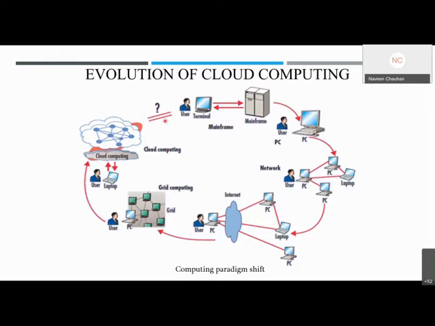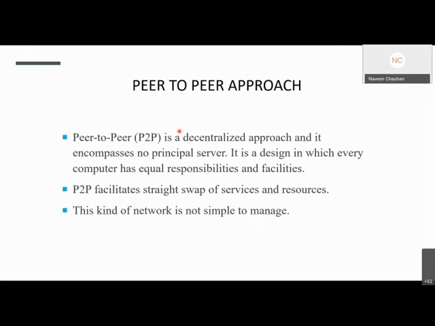This question mark gives you an idea that if cloud computing is matured enough, then how are we going to tap this technology with upcoming technologies like Internet of Things and all. So obviously there lies something in between, after cloud computing also, and that is what we are emphasizing today. Peer-to-peer approach.